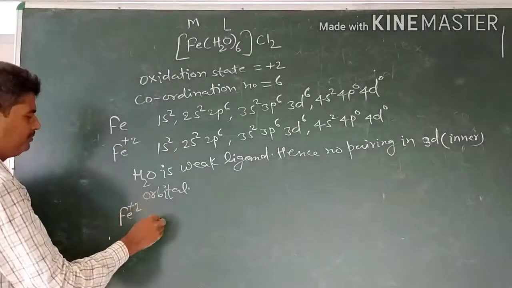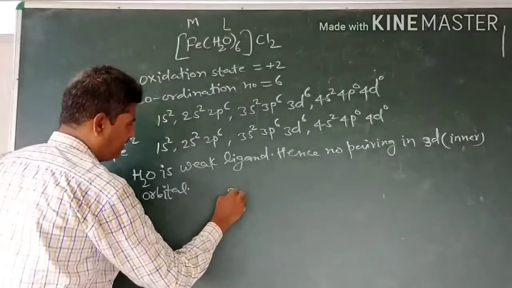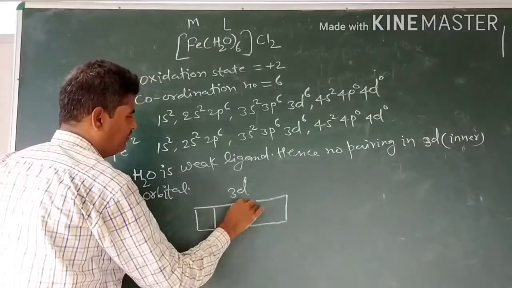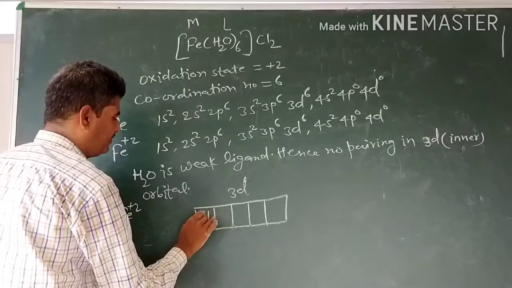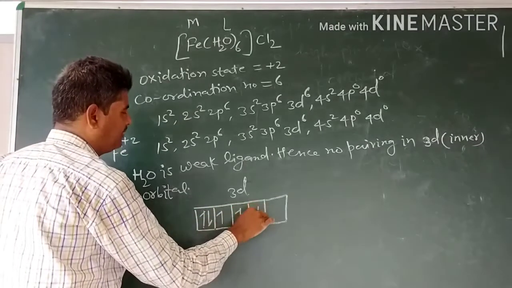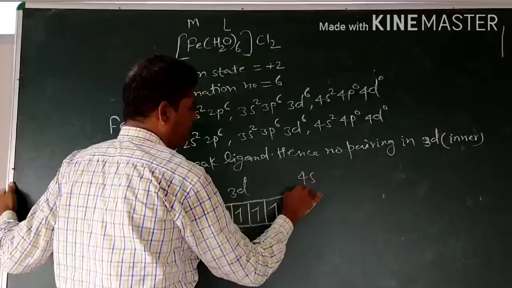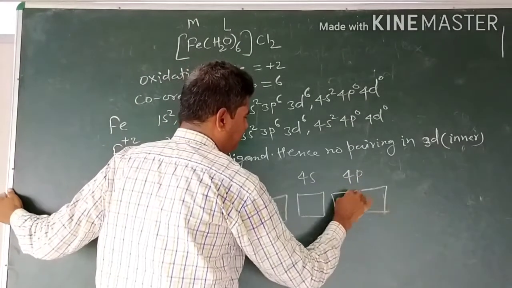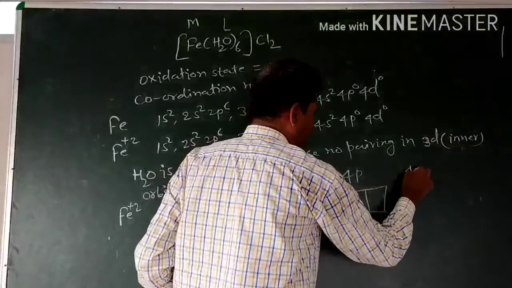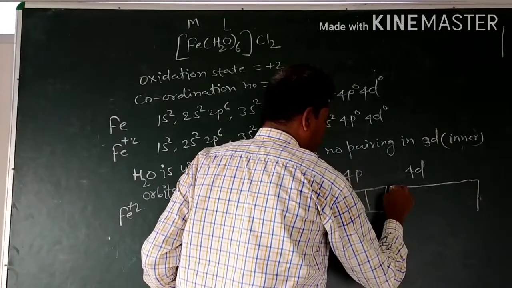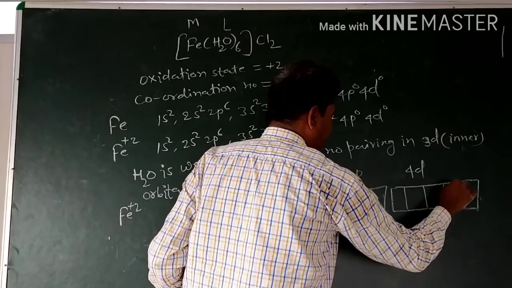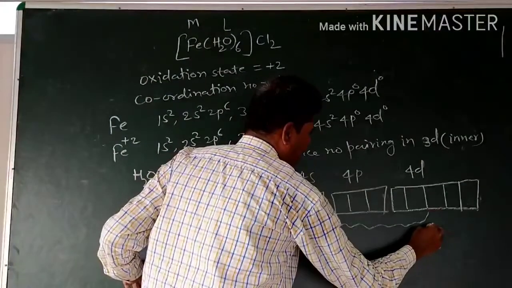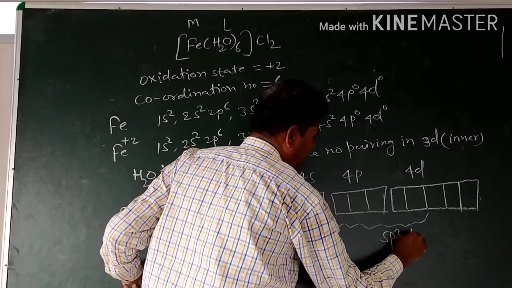Fe+2: 3d, 4s, 4p and 4d. Our hybridization will be sp3d2.